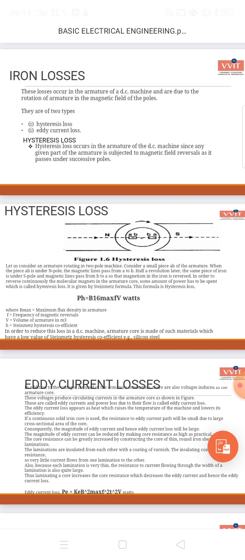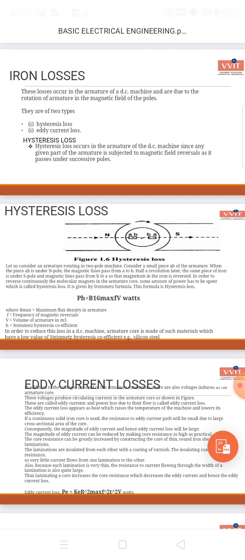That means if the piece AB is under the influence of the north pole, then the magnetic lines move from north pole to south pole. When the piece AB is under the influence of the south pole, then the magnetic lines move from south pole to north pole.